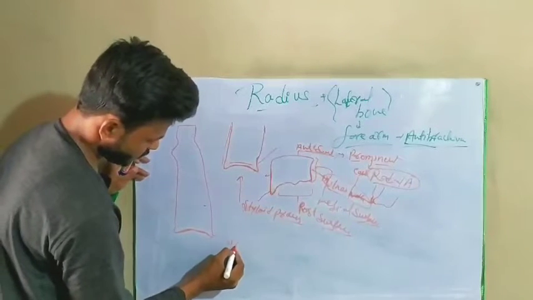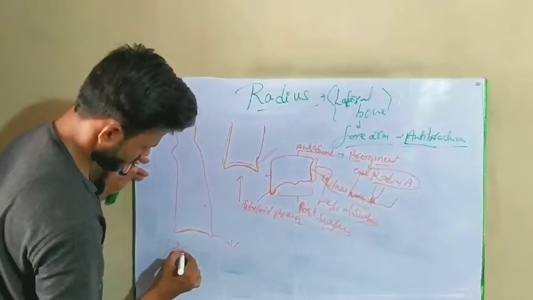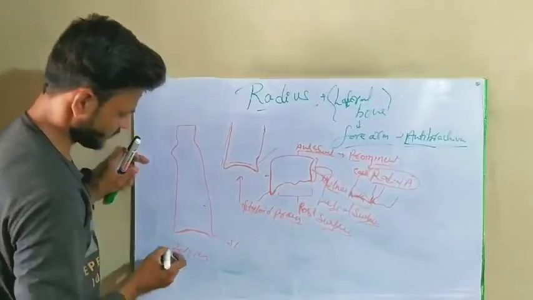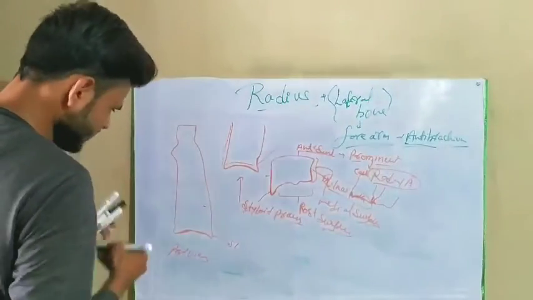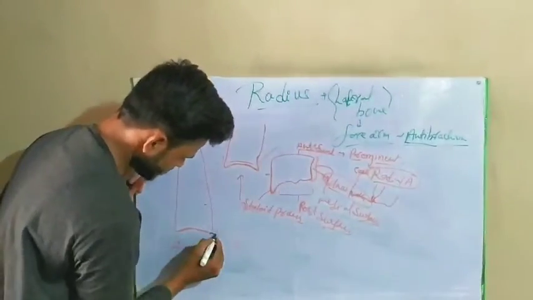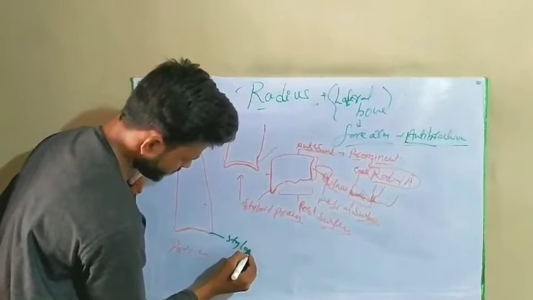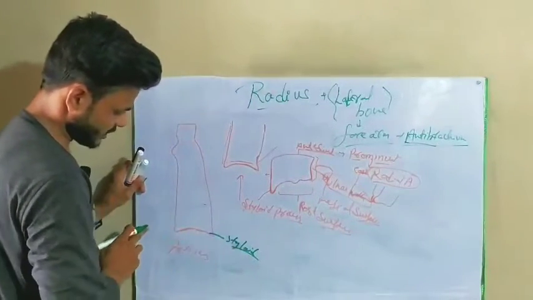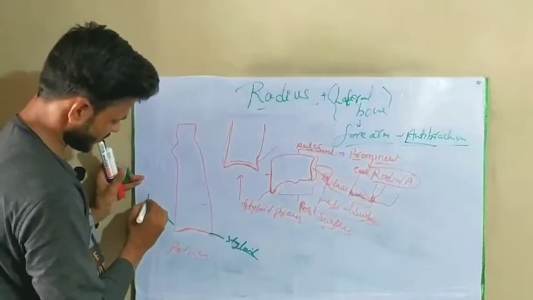This is the posterior view of the radius. This is our stellate process. This is our ulnar notch.